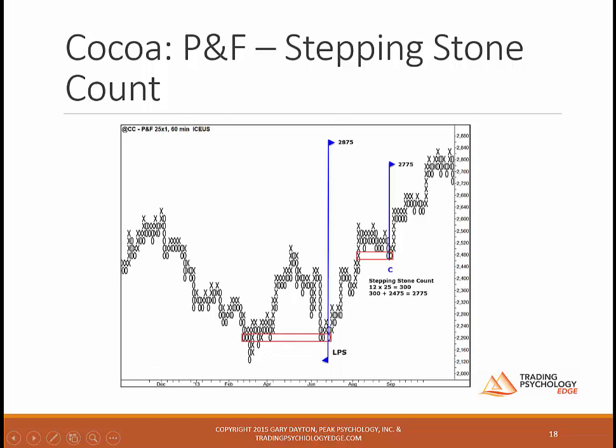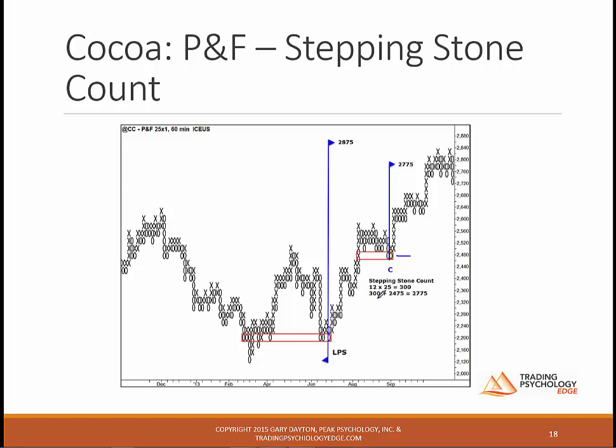Look at what happens here. After two nice up moves, we go sideways for a while, right? And along this level here, the 2475 level right here, we get a count of 12. Okay, 12 times 25 equals 300.